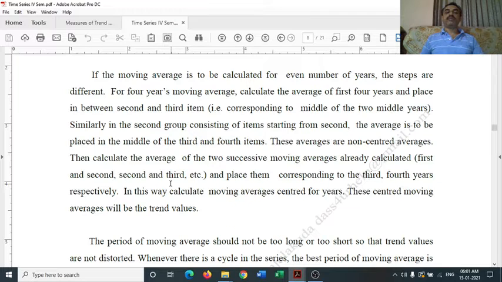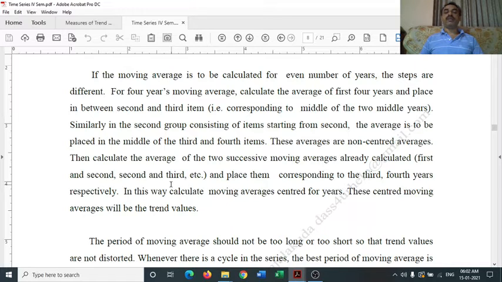For example, if the periodicity is 4 years and the time points start from 1991, the first bunch will consist of 91, 92, 93 and 94. Suppose the average is A plus B plus C plus D divided by 4. So the first bunch average is A plus B plus C plus D by 4, and this is to be placed corresponding to some year.